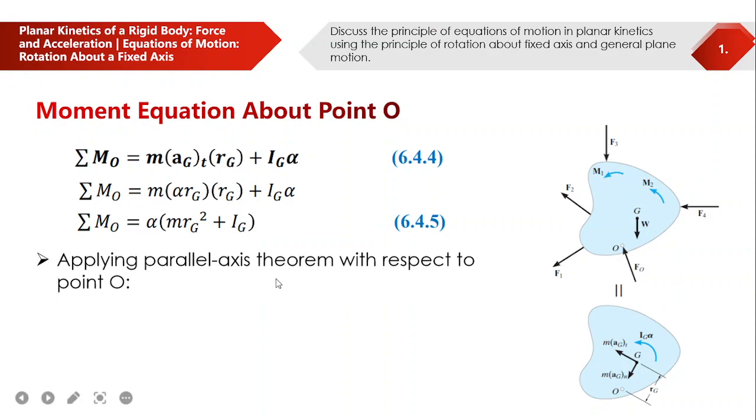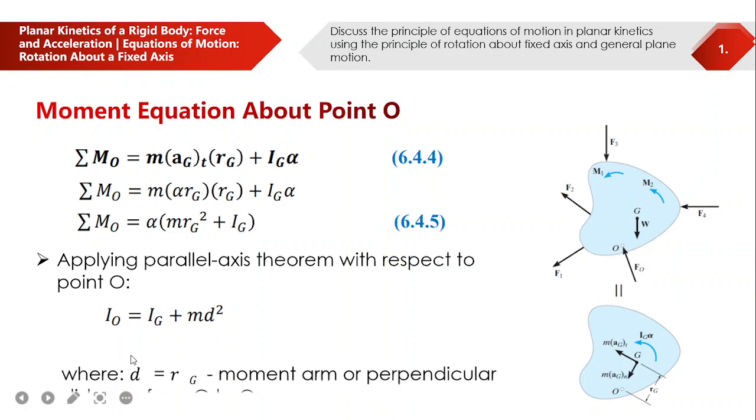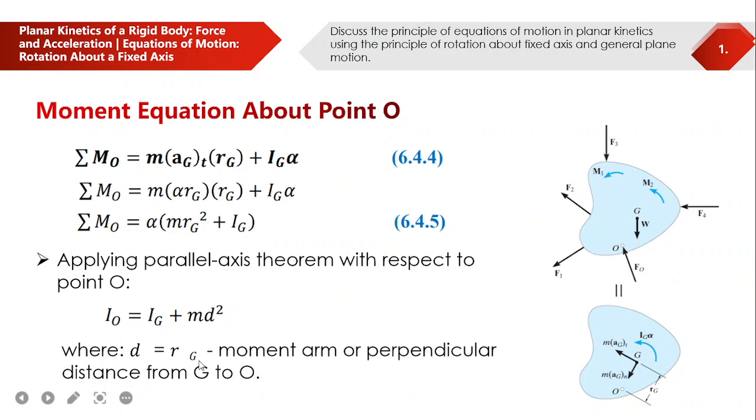Okay? So, applying a parallel axis theorem with respect to point O, I sub O is equals to I sub g plus md squared. Di ba? So, where d is equals to r sub g, since pareha lang naman yun kasi nga at point O, yun din yung parallel axis theorem from our sub G. Kasi di ba?